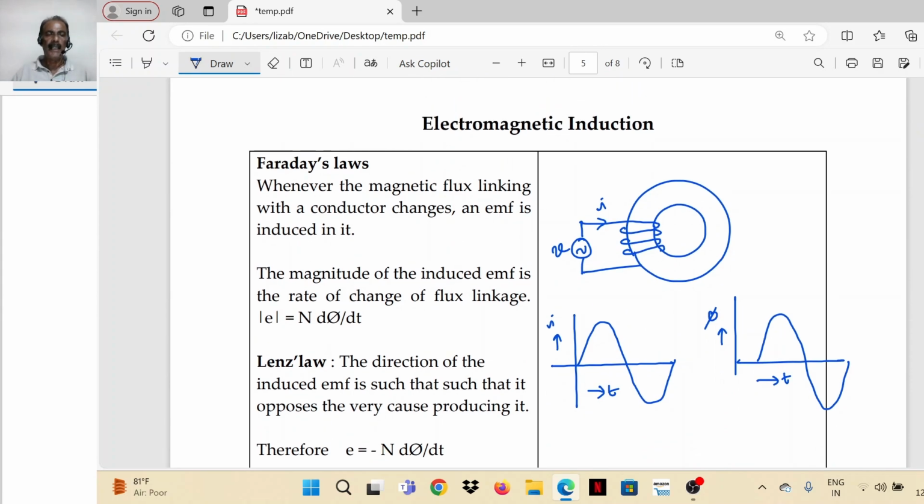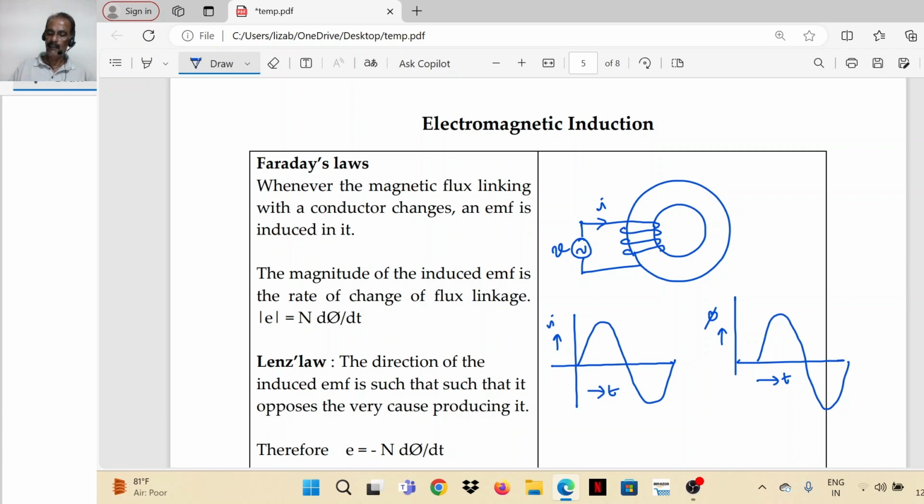Next is electromagnetic induction. So Faraday's law. Whenever the magnetic flux linking with a conductor changes, an EMF is induced in it.